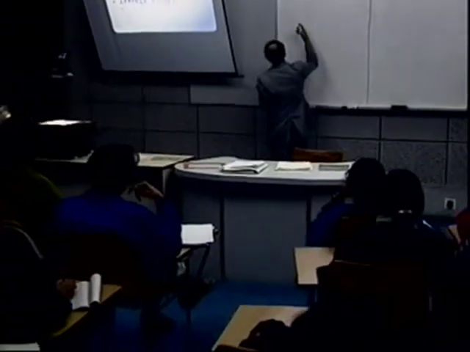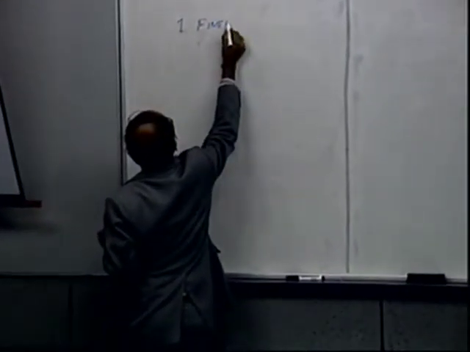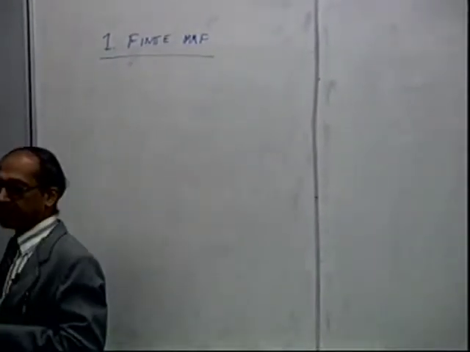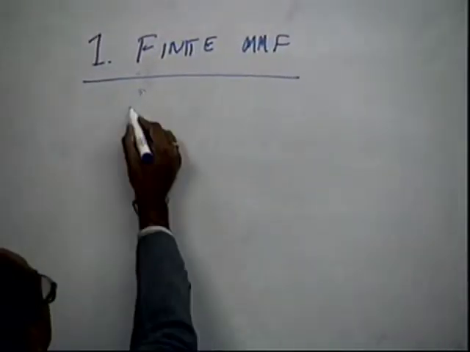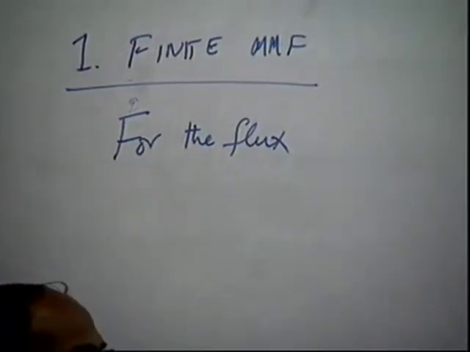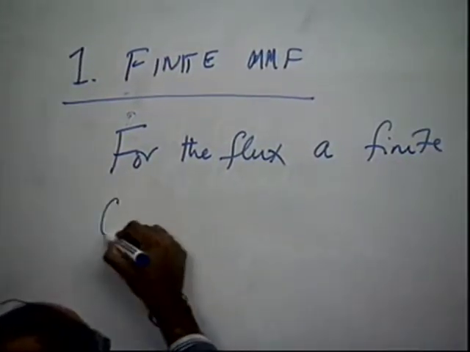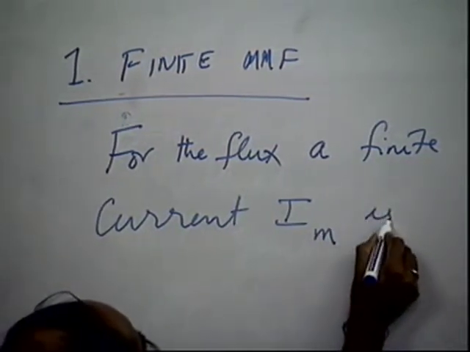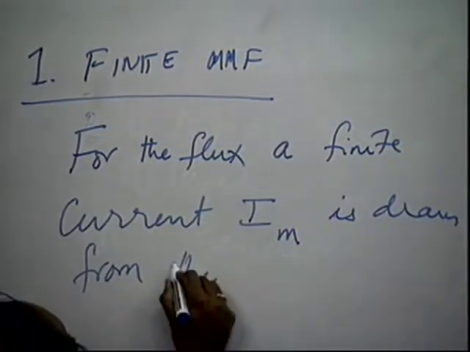So number one is finite MMF. There is a finite MMF required for the flux. So for the flux, a finite current, let us say IM, is drawn from the mains.